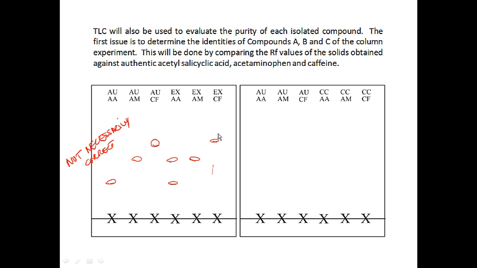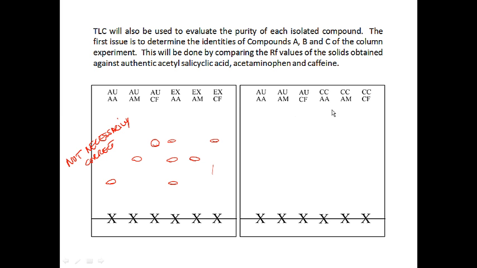If you see more than one spot, then that tells you that the sample wasn't pure. It'll also help you make the identities, because it could be maybe some caffeine got into the acetylsalicylic acid, so you might see a caffeine spot in there as well. So you're going to use the number of spots that you see to assess the purity of the extracted components.